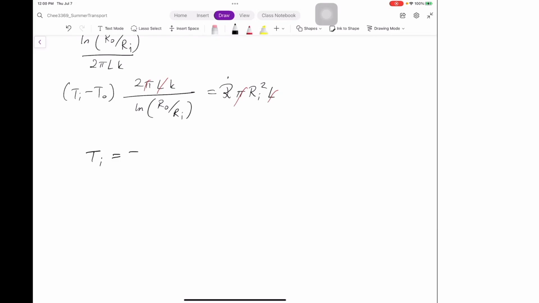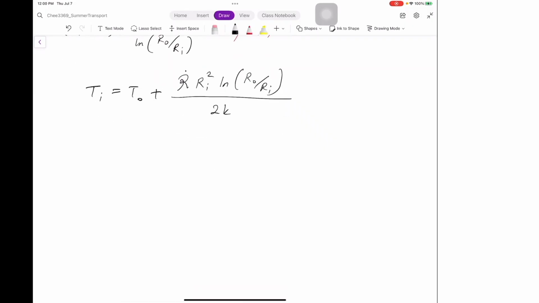Ti comes out to be T out plus the generation rate times Ri squared times logarithm of Ro over Ri divided by 2k.